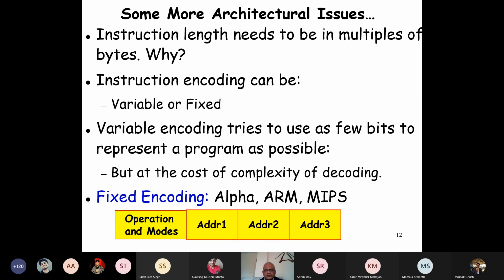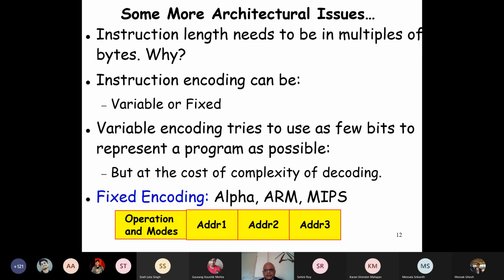Now, the encoding of the instruction can be variable or fixed. In a variable encoding, some easy instructions, those who take only register operands and simple operations, may take just 2 bytes. And more complex ones, where you need to give immediate data, jump to different memory locations, or specify a memory address, can take a larger number of bytes.